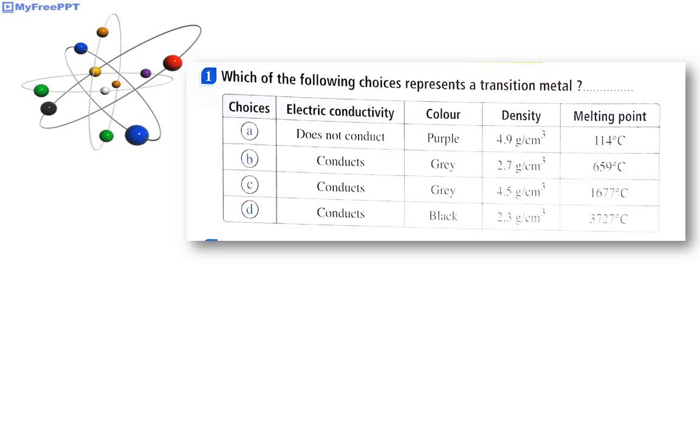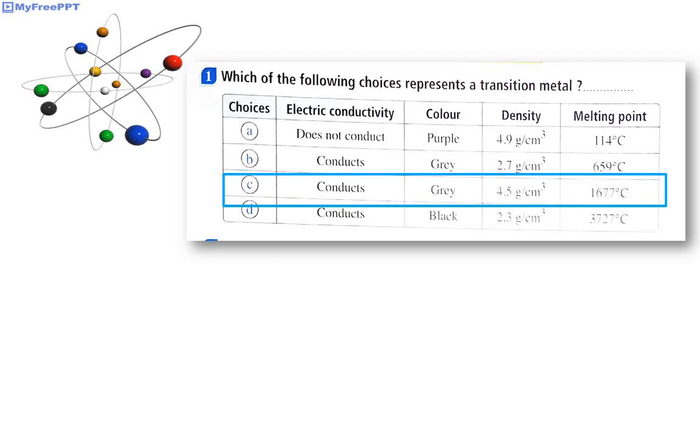And its melting point is very high also. So we will compare between C and D. Here we have high density and high melting point, and the color is gray, and the main property of them is conducting electricity.